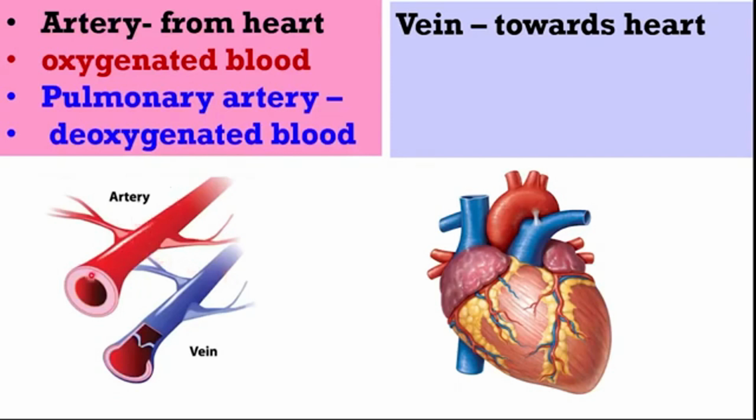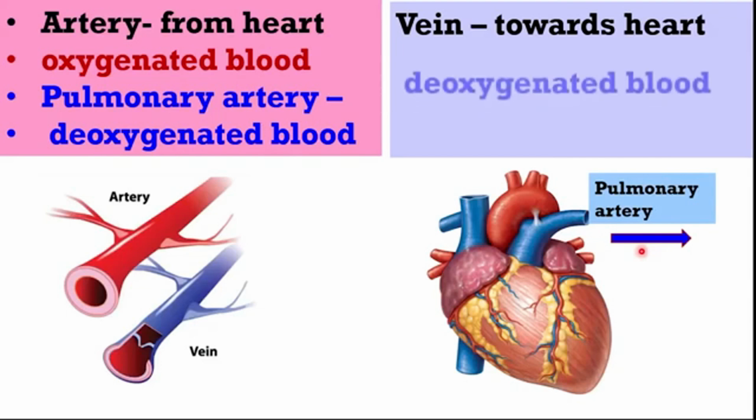That's why here they are shown with red color. But a single exception is there, that is the pulmonary artery. It carries deoxygenated blood from the heart to the lungs for oxygenation. As lungs are our respiratory organs, the blood supplied to the lungs from the heart is deoxygenated blood.